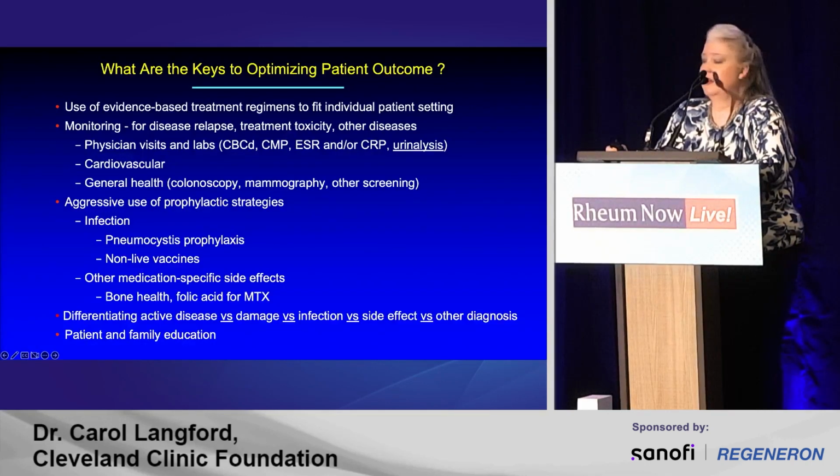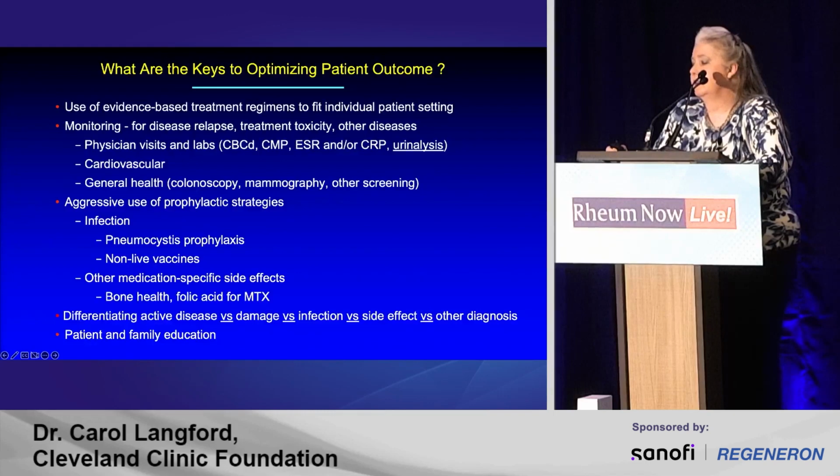Looking out for cardiovascular health as well as general health screening. Aggressive use of prophylactic strategies is also very important for infection, with pneumocystis prophylaxis, the use of non-live vaccines, and preventive measures against other medication-specific side effects. One of the most critical things we do clinically is trying to differentiate active disease from other things that can look very much like this, and then, of course, the important role of patient and family education.